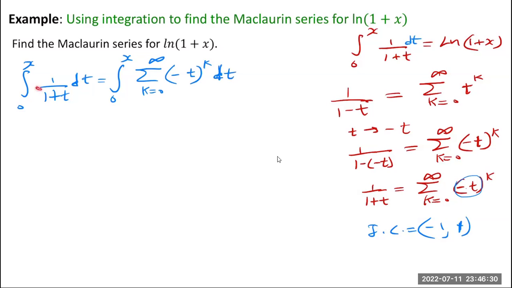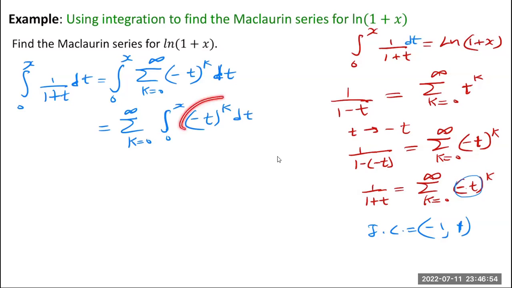All I'm doing is replacing this by this summation. That's what I found here. Now I send the integral sign inside. This is going to be sigma k goes from 0 to infinity, integration from 0 to x of (minus t) to the power k dt.